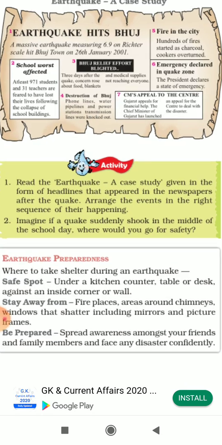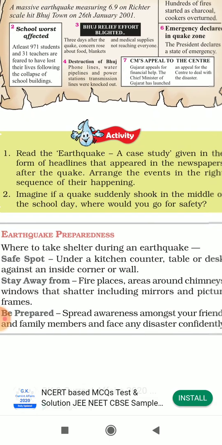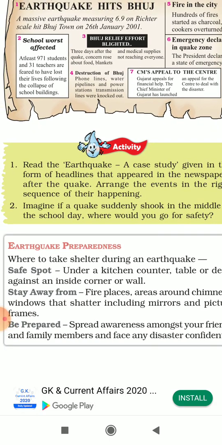Next, where to take shelter during an earthquake. These are some earthquake preparedness measures we have to take during an earthquake. Number 1, find a safe spot under a kitchen counter, table or desk, against an inside corner or wall.